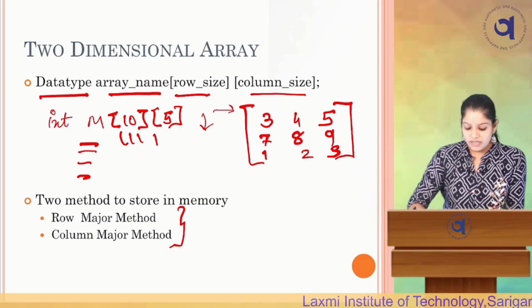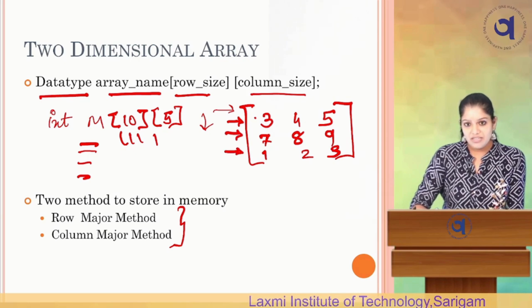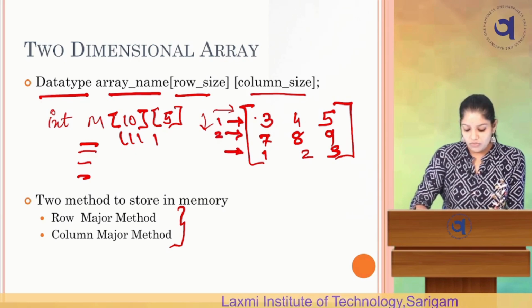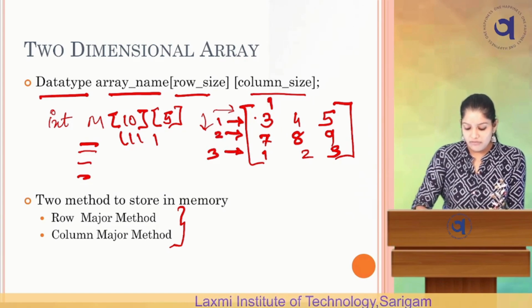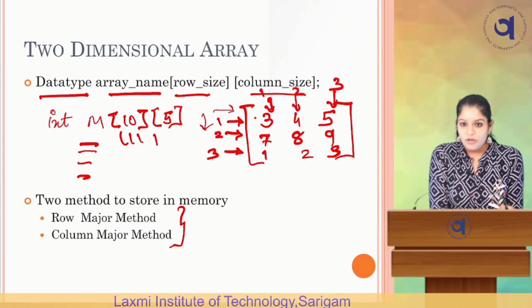You can consider these as rows, row 1, row 2 and row 3, and here we have columns, column 1, column 2 and column 3.